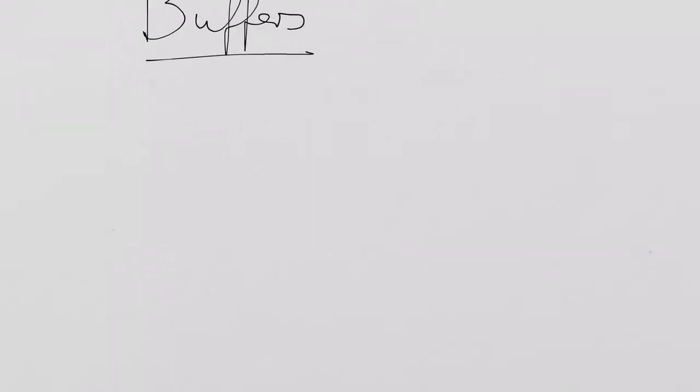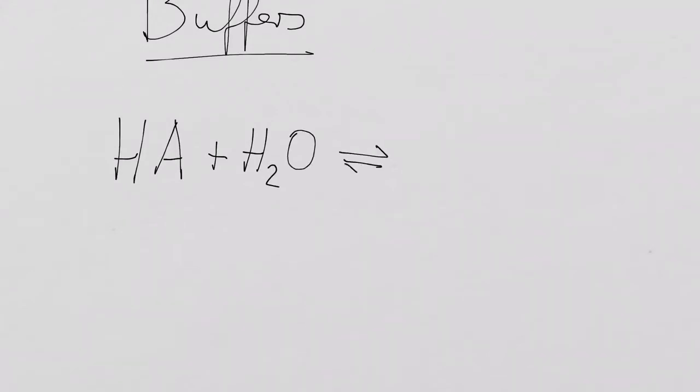Last week, we discussed how a weak acid reacts in a solution. So, for example, we said we have HA, that's our acid, plus water. And if we wait long enough, then this thing will dissociate and it will establish a sort of an equilibrium.